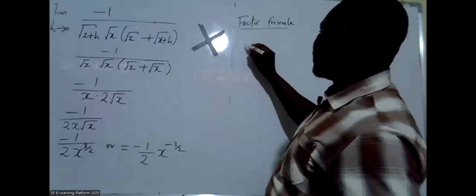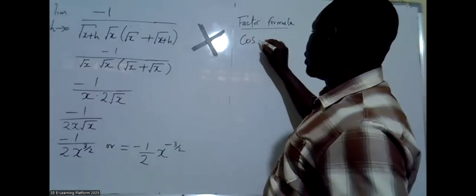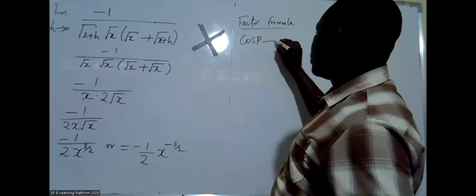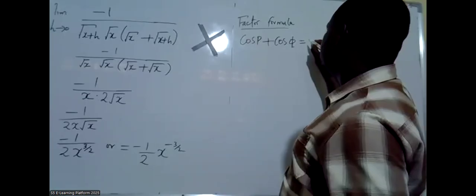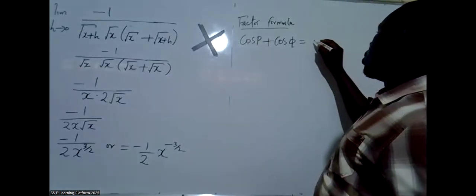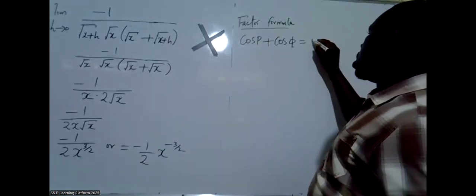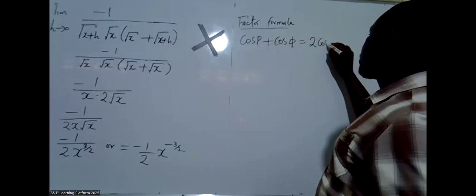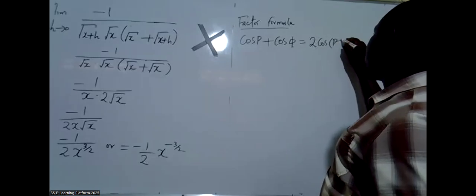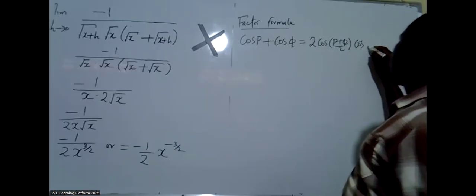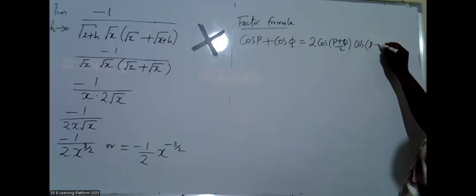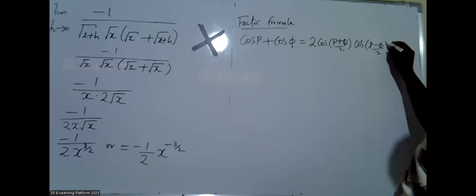We said that if I have cosine of P plus cosine of Q, that will give us 2 cos of P plus Q divided by 2, and then cos of P minus Q divided by 2.